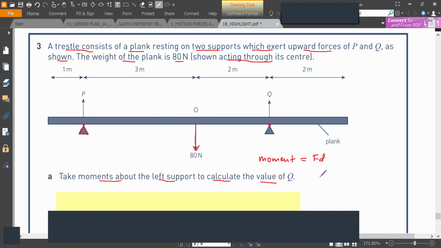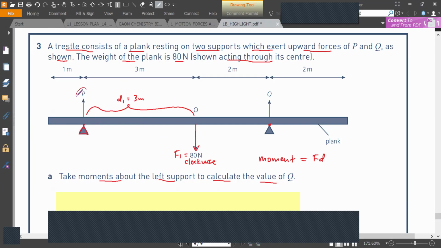So moment equals to FD. This is a clockwise moment. So we have F1, and then this distance about the pivot is 3 meter. So this is D1 equals to 3 meters.